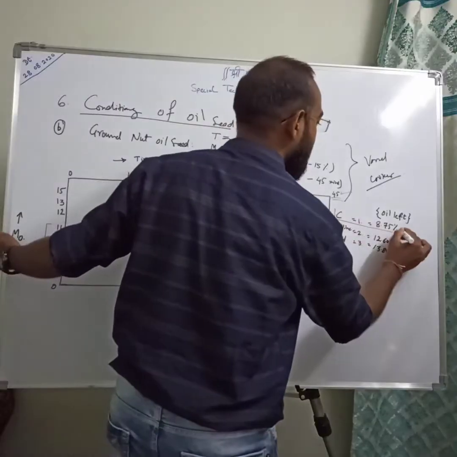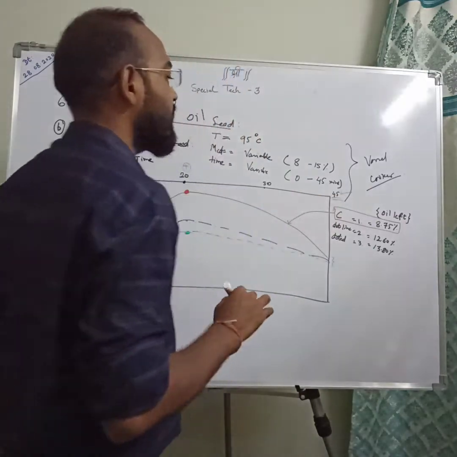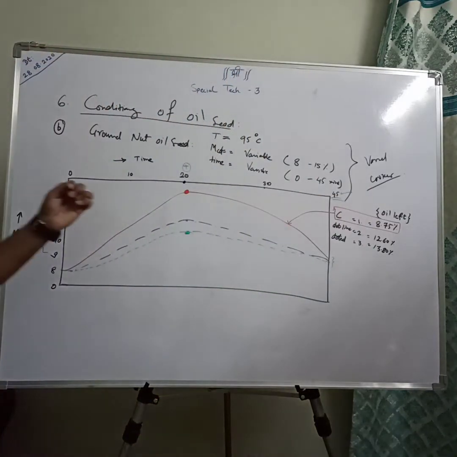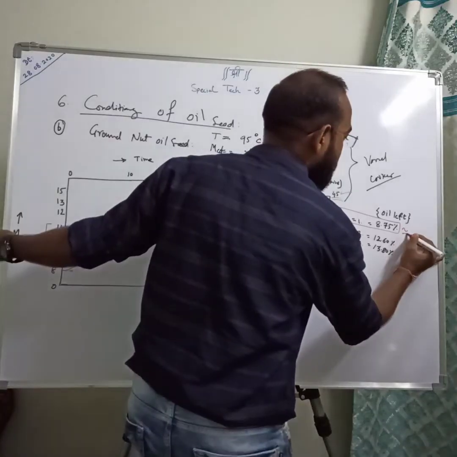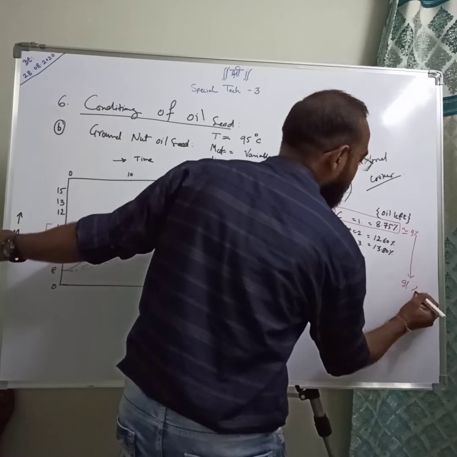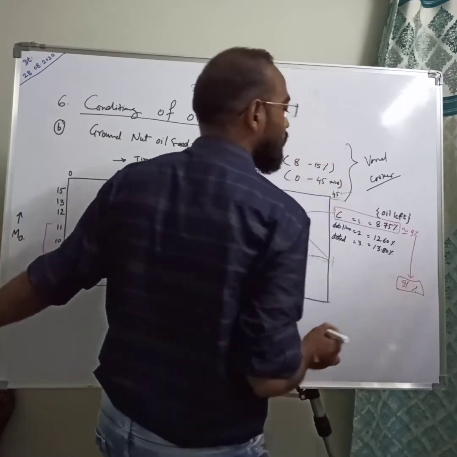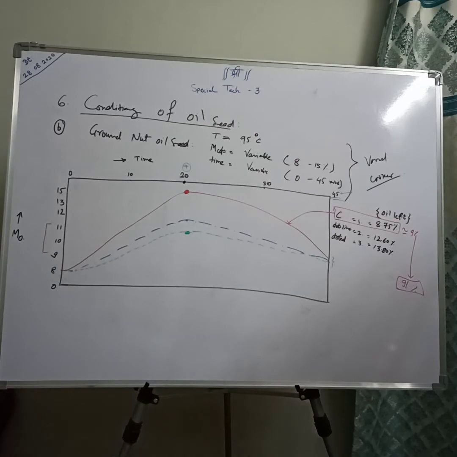The first one, represented by the red ink, where only 8.75% of oil is left. We can approximate to 9%. So we get 91% extraction of oil. That 91% of oil is extracted from the seed, and just approximately 9% of oil is left in the seed.